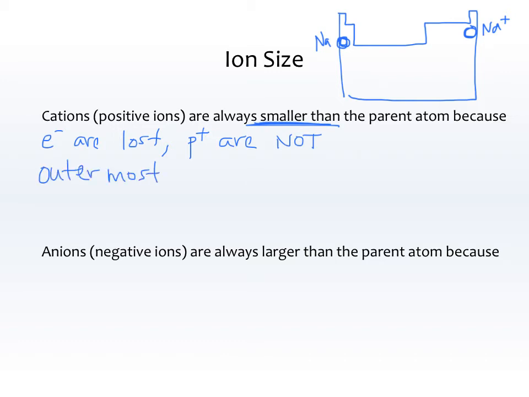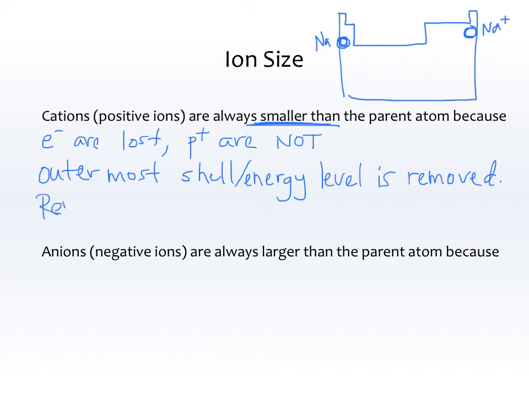Outermost shell, or energy level, is removed. So therefore, remaining electrons experience a greater effective nuclear charge than they did originally.